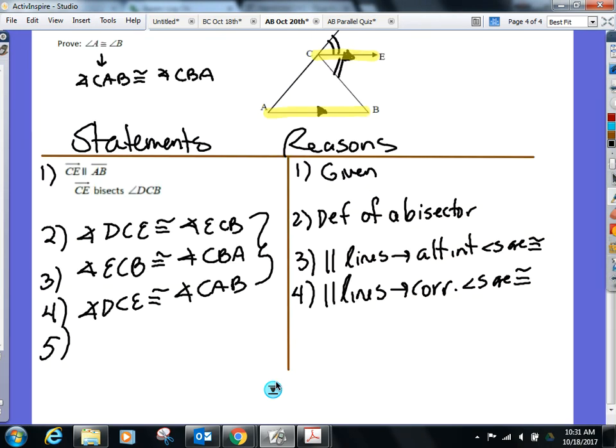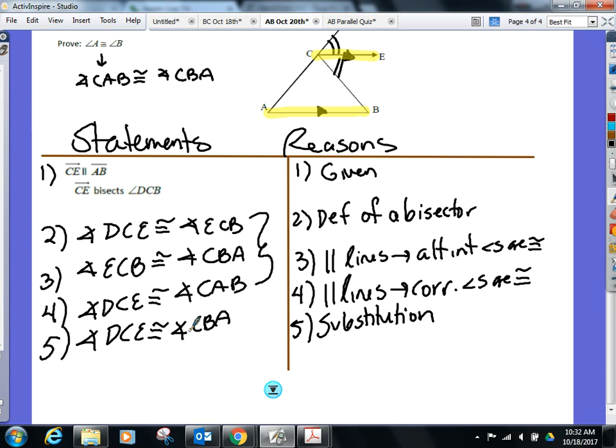So let's take these first two right here in statements 2 and 3. DCE equal to ECB, ECB equal to CBA tells me that by substitution, DCE needs to be congruent to CBA. Okay, that involves statements 2 and 3 to get statement 5 by substitution.